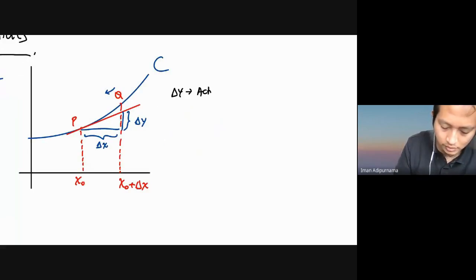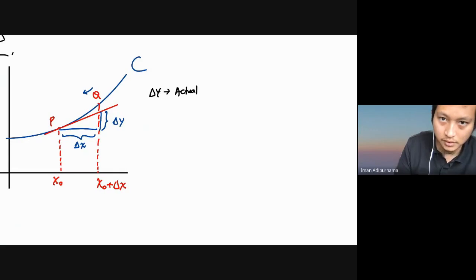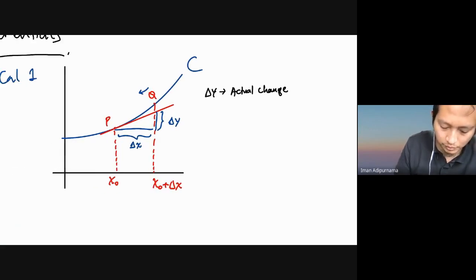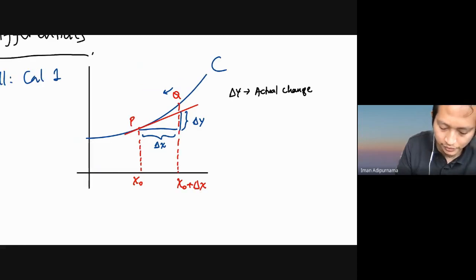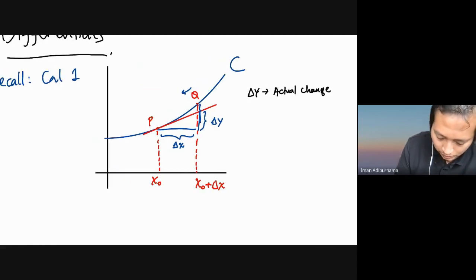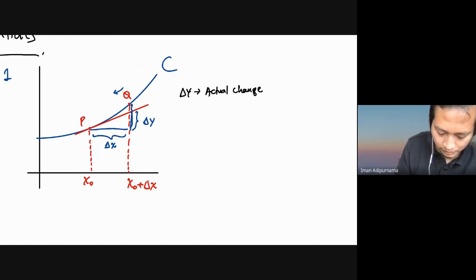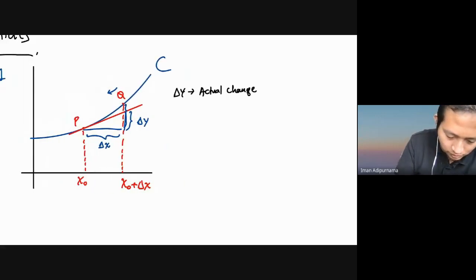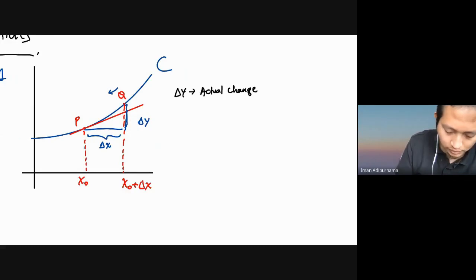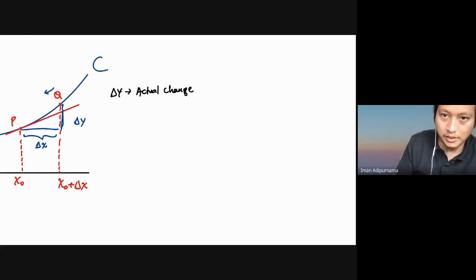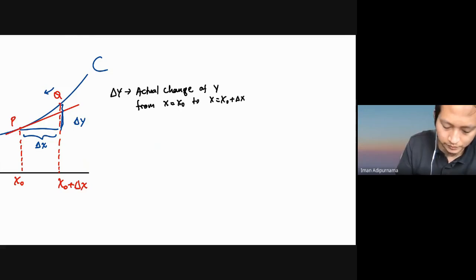This is the actual change. So imagine the tangent line is moving. So the delta y is from here. It's the actual change of y from x equal x0 to x equal x0 plus delta x.